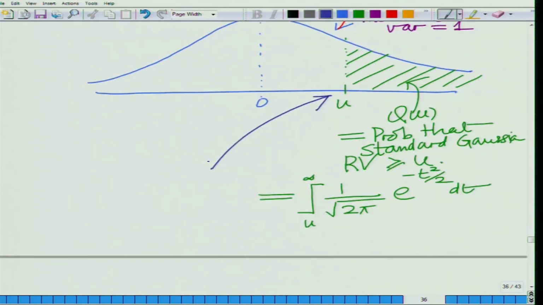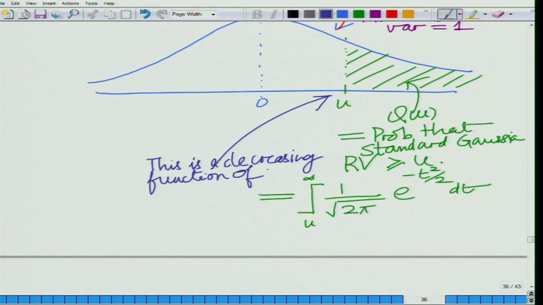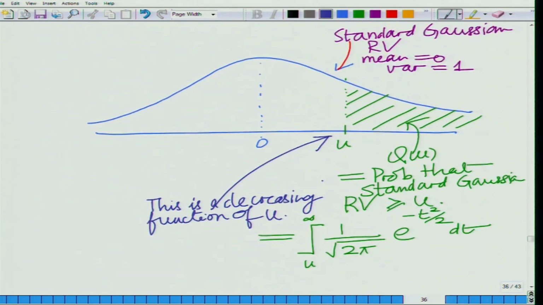As u is increasing, this is decreasing. This is a decreasing function of u. As u is increasing, the Q function is decreasing.